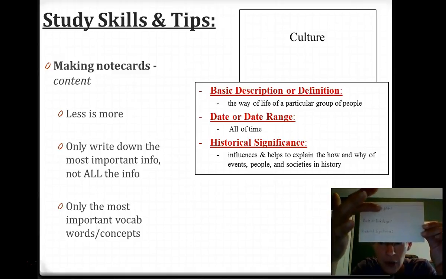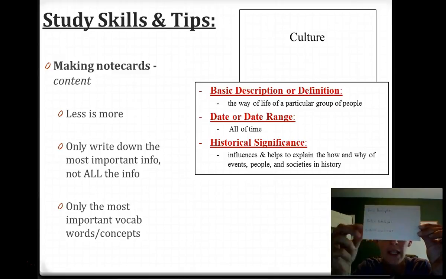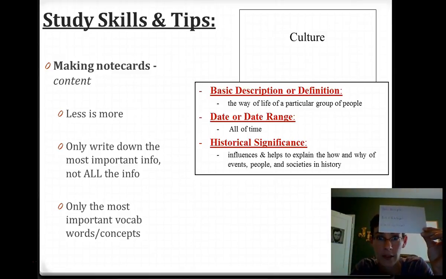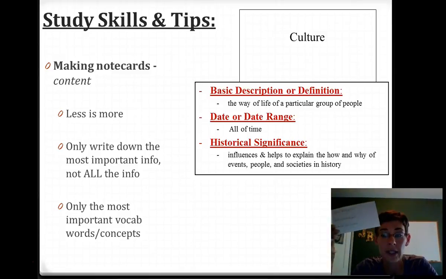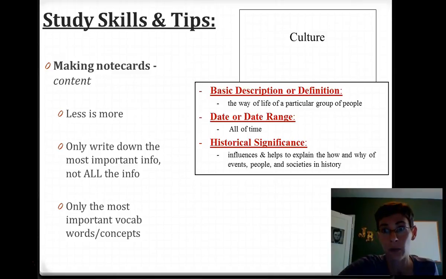You see basic description here, date or date range, and then historical significance. You should label that for the teacher, because when I'm evaluating your note cards, I want to see what you think is significant versus what you think is the definition. I need to see that you understand how to pull out what you need from the content. Okay, so that's the basic breakdown.